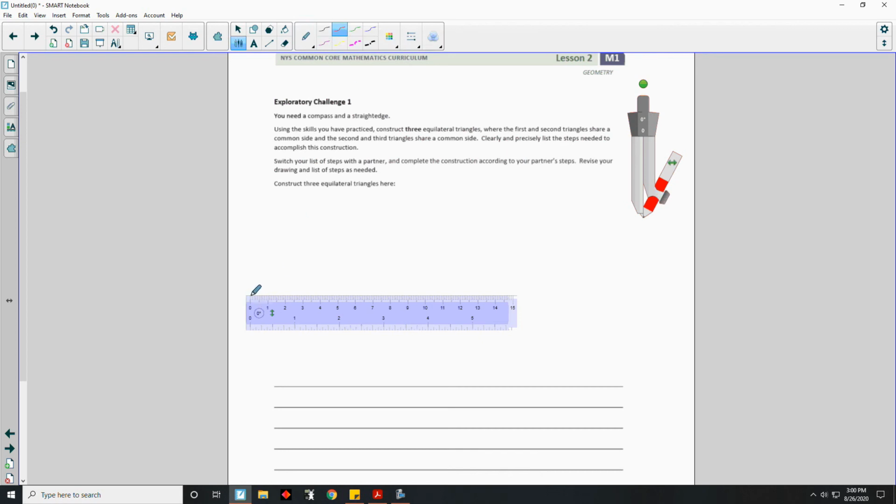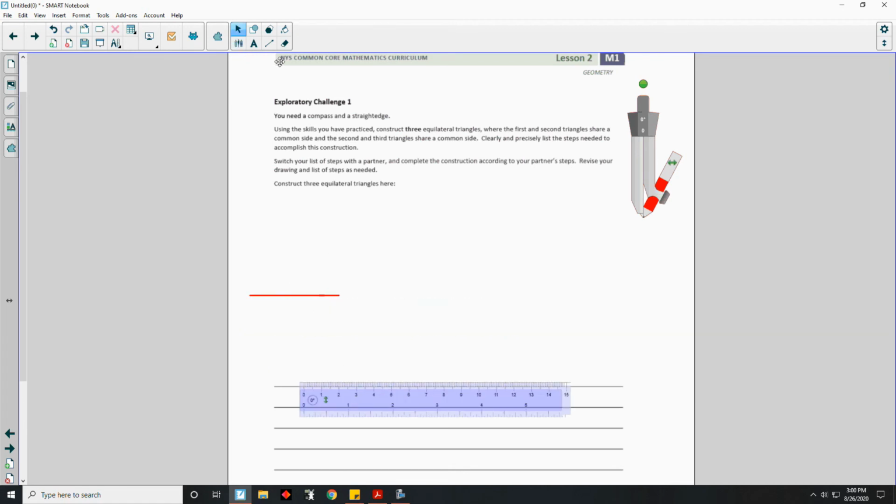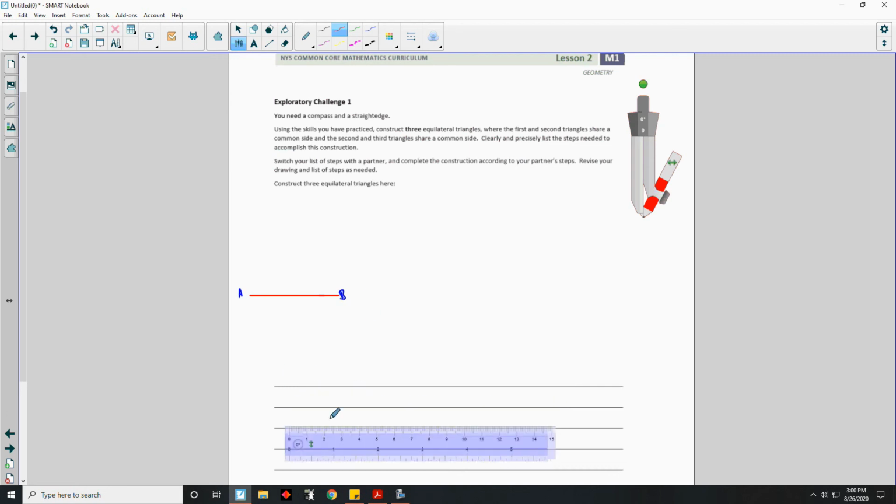I'm going to start at 0 here and draw it out to, how about 5, right there. So there's a segment and we're going to call it AB. So here's A, here's B. So step 1, draw segment AB.